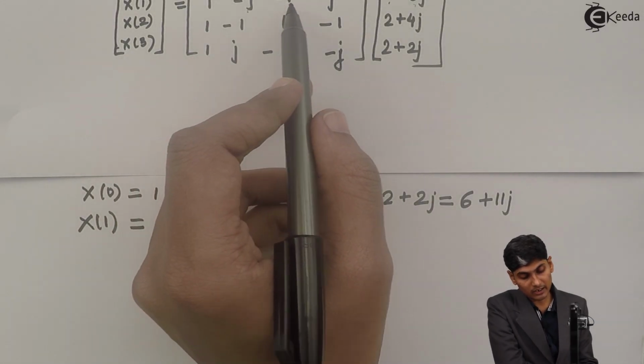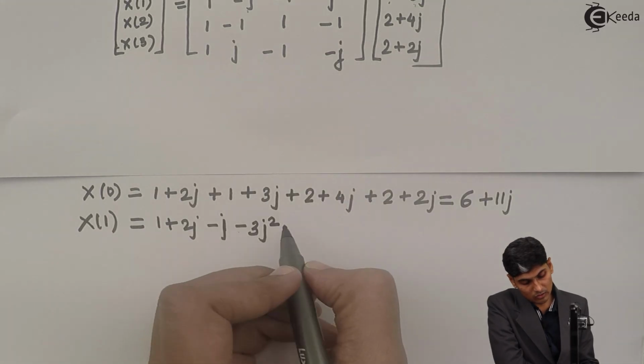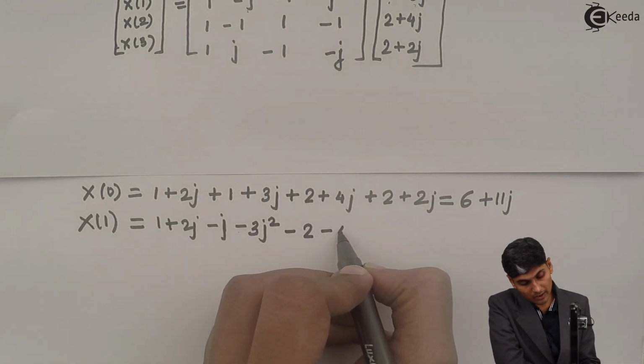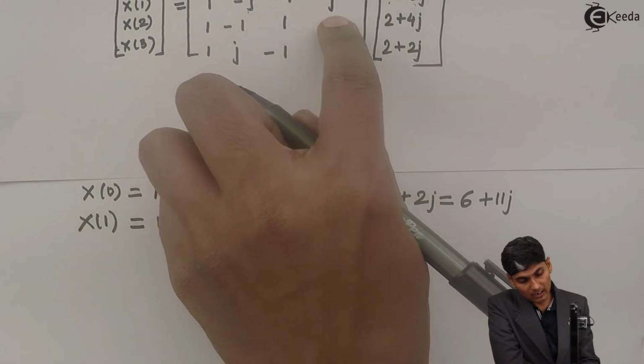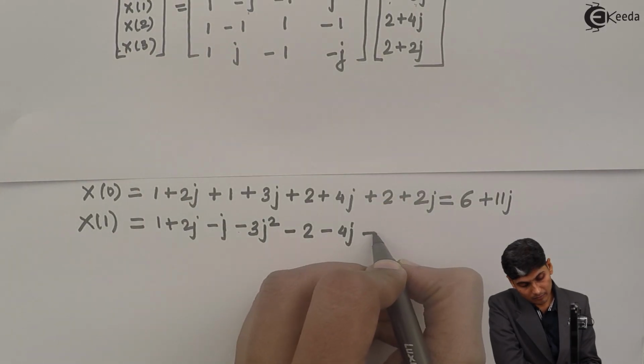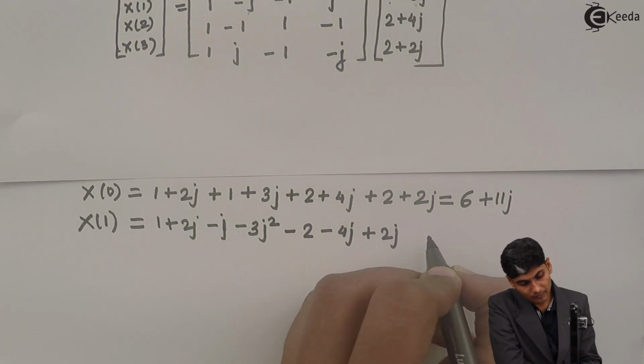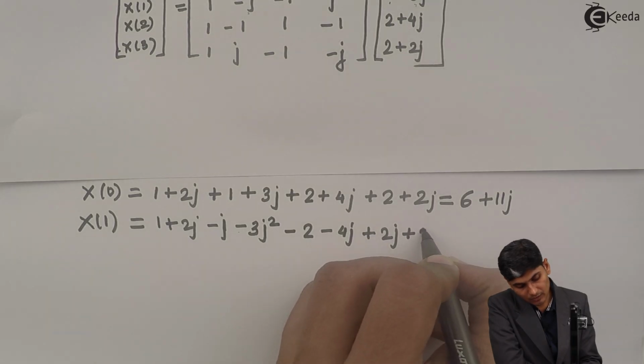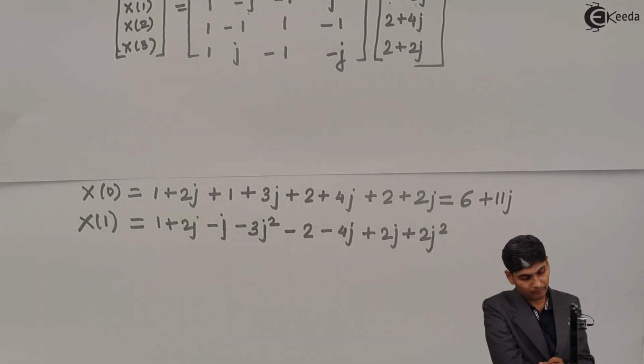Then I have minus 1 multiplied by the third element, so that will give me minus 2 minus 4j, and the last element will be plus 2j and plus 2j square.